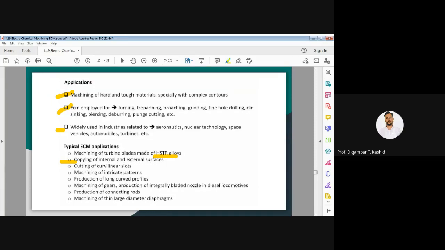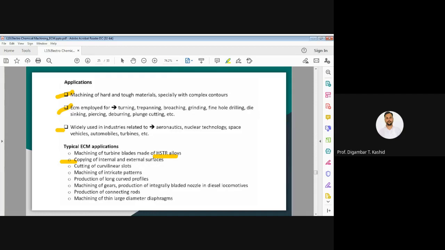Whatever surface you want to generate, you have to generate that shape on the tool, and then you can cut the workpiece using the tool. Generally these tools are made up of very soft material, so you can generate any kind of complex profile on your tool, and that is reflected onto your workpiece surface by the electrochemical machining process.